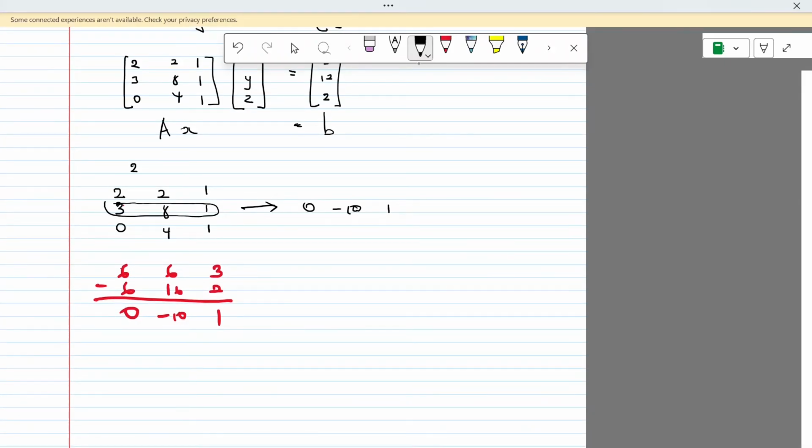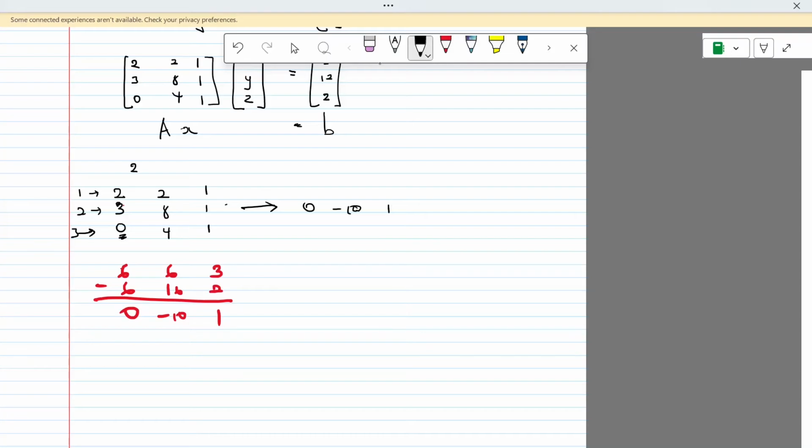Then we also have to do the same for this 0, 4, and we also have to subtract this, but of course we already have a 0 here, so we don't need to subtract. After performing all the subtracting operations, sorry for the handwriting, this was our equation 1, this is 2, and this is 3.